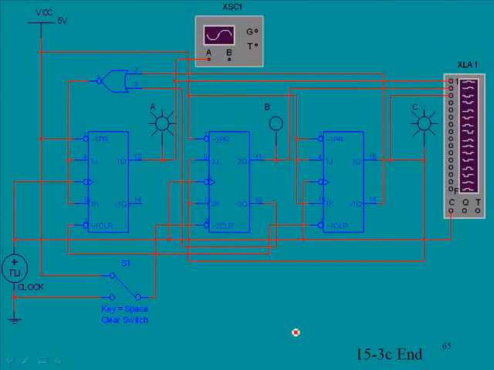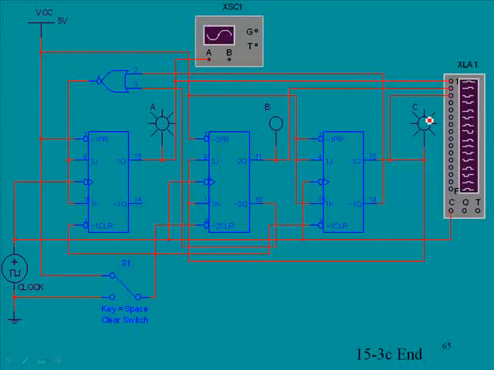Now, this particular image right here, this is a simulation of that particular circuit. Now, you'll notice there's a lot more wires in it because the clears and the sets have to be in there, and then we have added these little light bulbs for illumination.